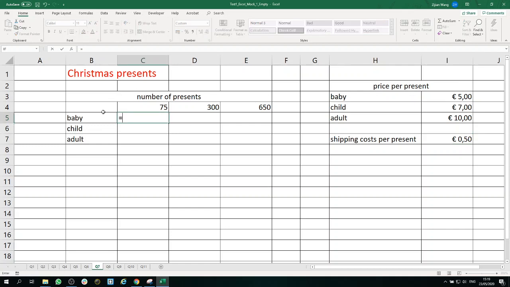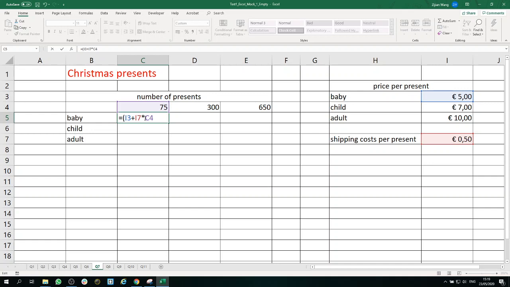First, we will calculate for baby: we should have the price for baby times the number of presents. Probably also adding the shipping cost into it. So let's add the shipping cost. Since we know the multiply function will be calculated first, we should add these things together first to avoid mistakes.